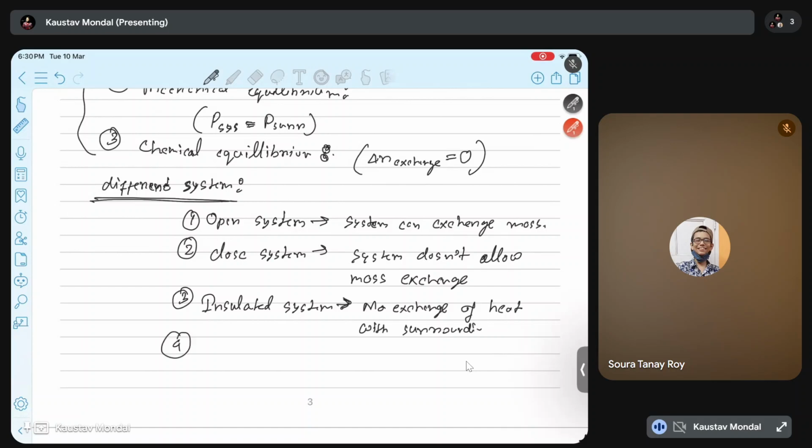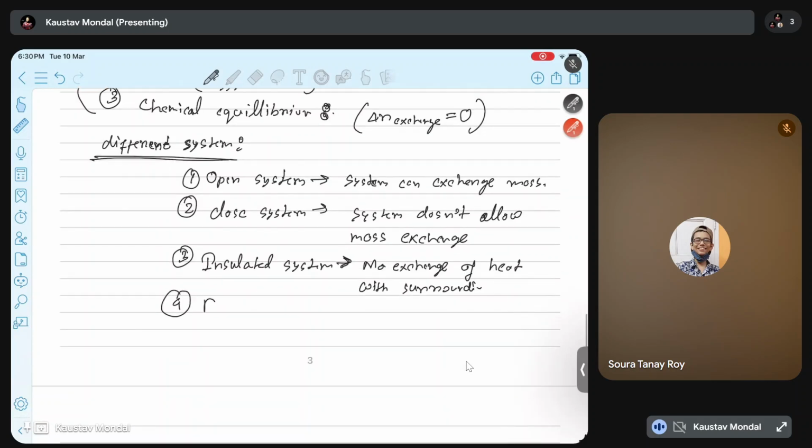And fourth one is the diathermic system. Diathermic means the system can exchange heat with the surroundings.